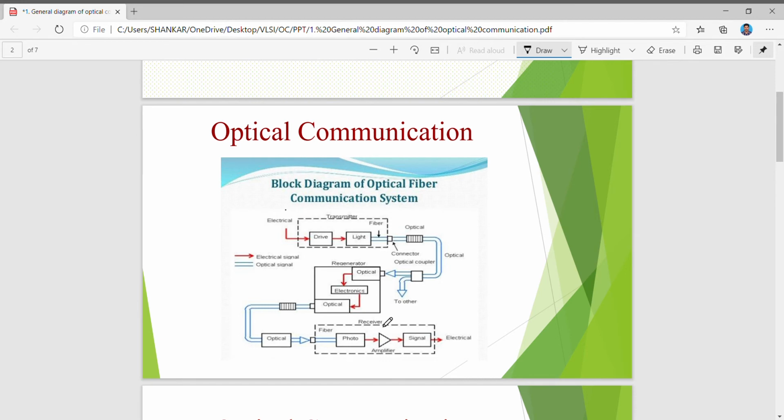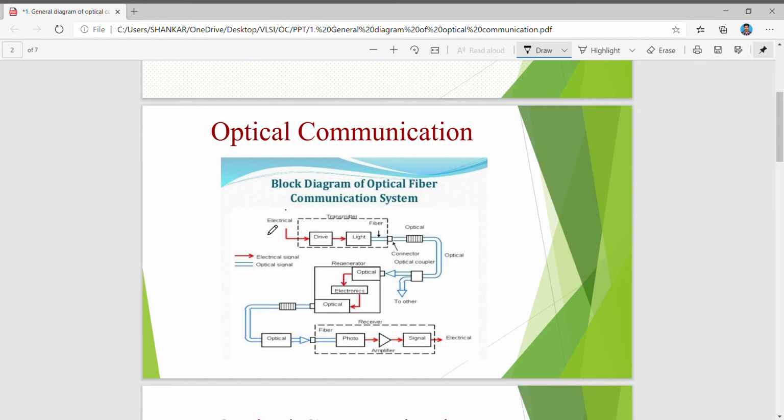Suppose we want to transmit a signal. That signal may be in the form of a sound signal, an electrical signal, or a light signal. We don't know how the signal will be generated.